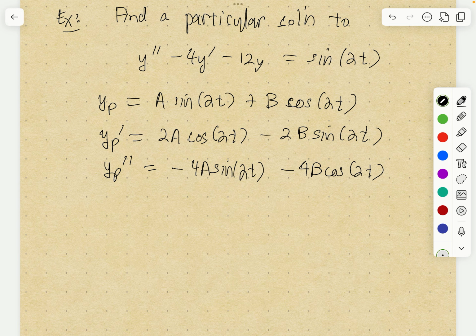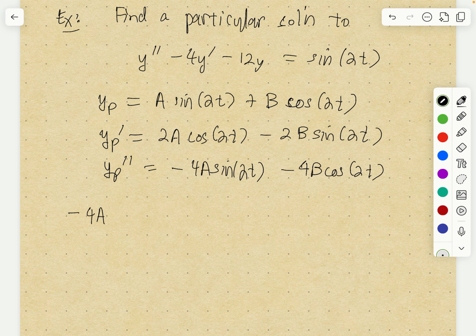So now we plug everything in. In fact, it might be easier to just group the sine 2t terms together. Let's see, do I want to write it all out? Yeah, okay, I guess I will write it all out.